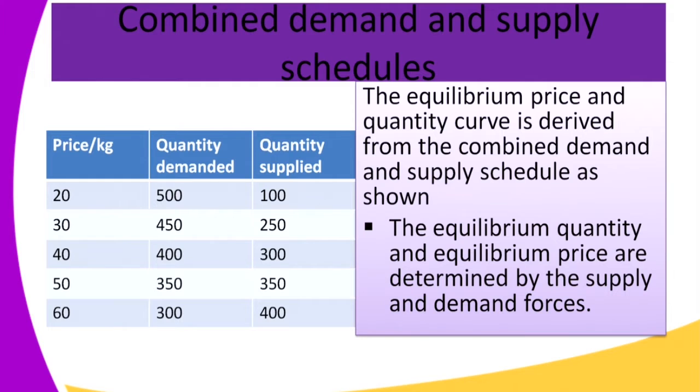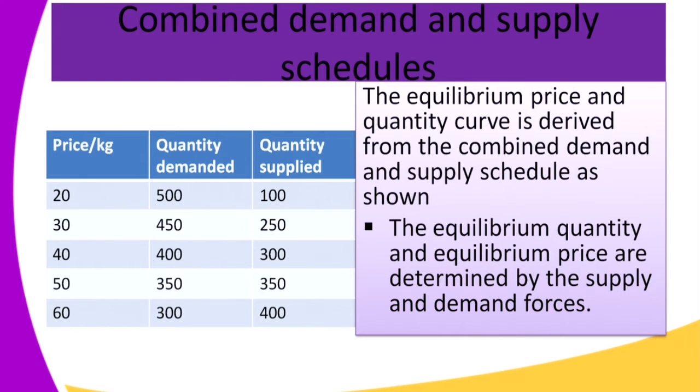You have the price, the quantity demanded and the quantity supplied. Once you plot this, with quantity on the x-axis and price on the y-axis, that's when you come up with the curve that we have just looked at, that is giving us the equilibrium point.